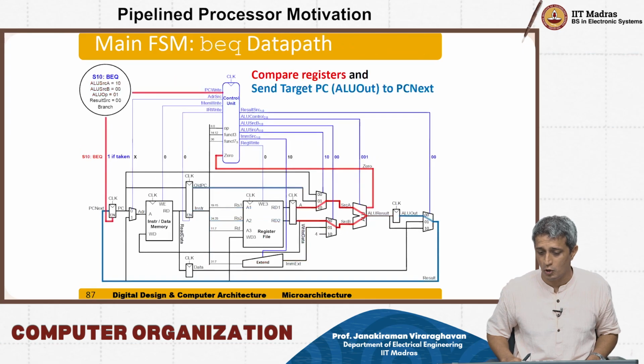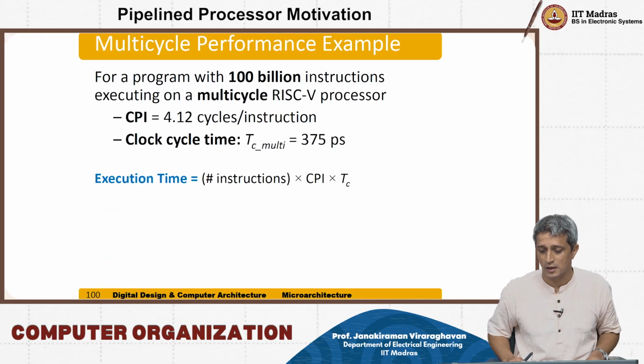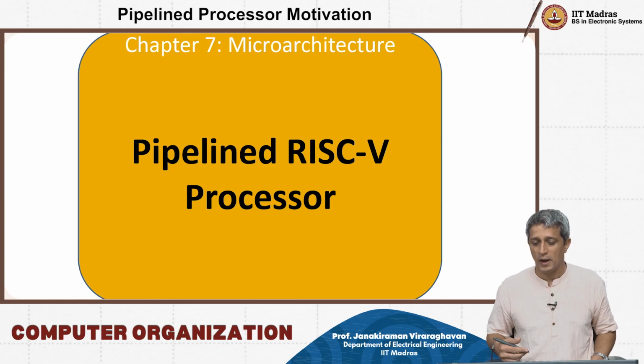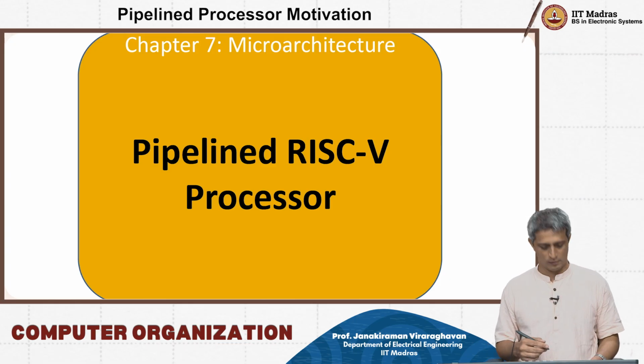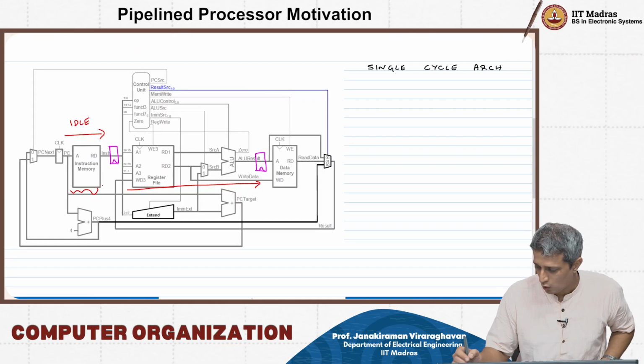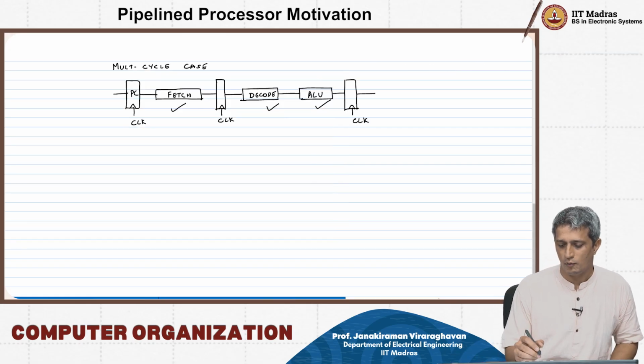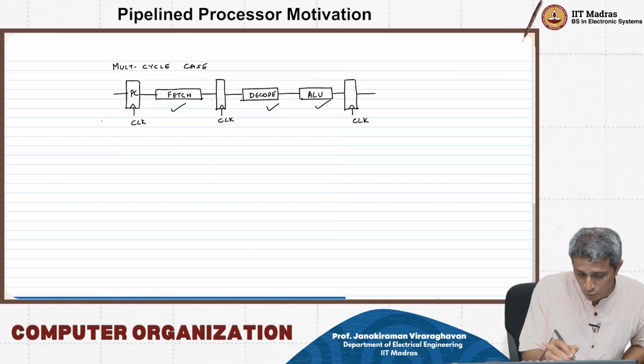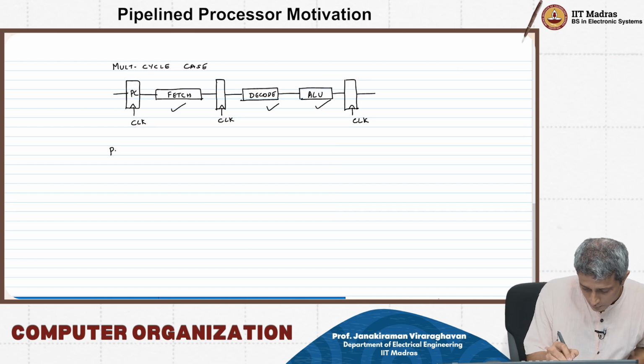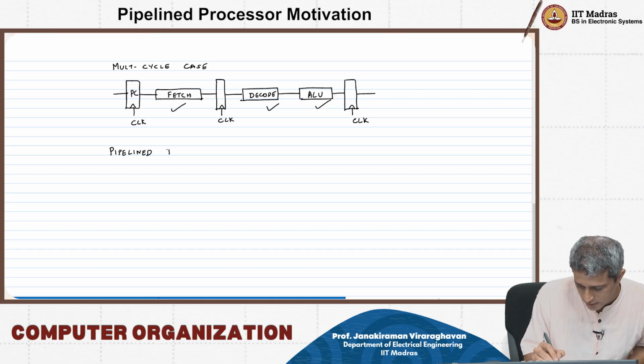Okay, so what we are going to jump into is basically the pipelined RISC V processor. Okay, this is the most commonly used implementation now. Okay, and what we want to do now is to move to a pipelined RISC V implementation.